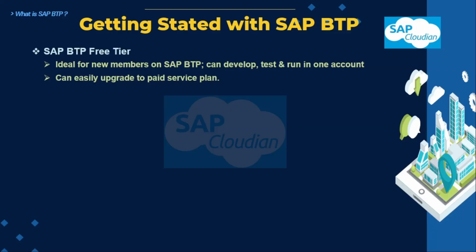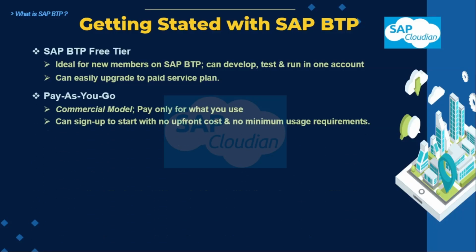Next way to start with SAP BTP is pay as you go. Basically, this is the commercial model of SAP BTP and it is best suited for those who want to try out new business processes with SAP BTP or are constrained by budget, because you have to pay only for what you use. So you can sign up to start using cloud services in your production environment with no upfront cost and no minimum usage requirement.